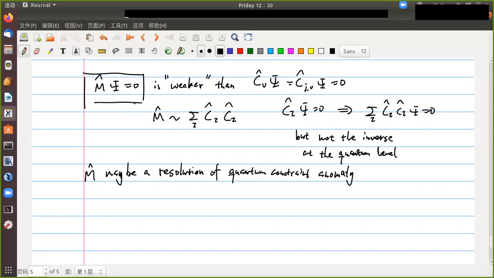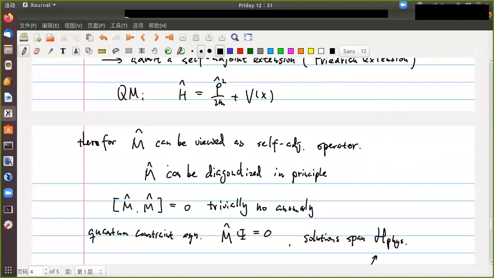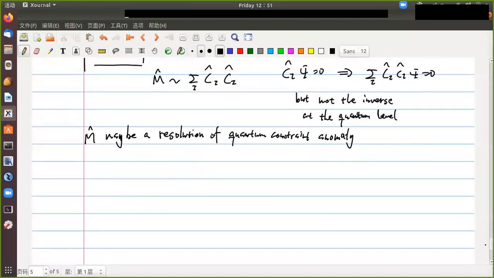So this is the situation of the constraint, constraint anomaly, and master constraint procedures. Let's say these are the results before 2007, 2008. And now we are wondering if there's any better procedure than this.